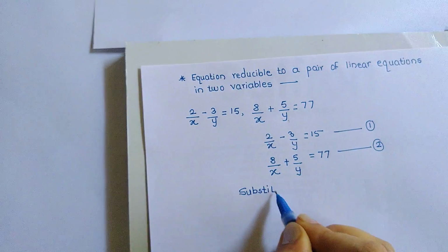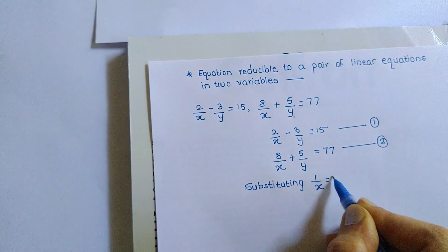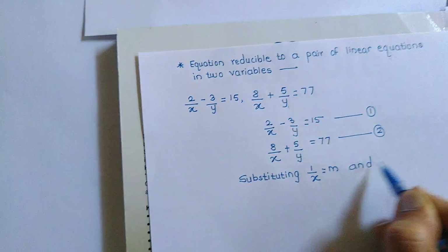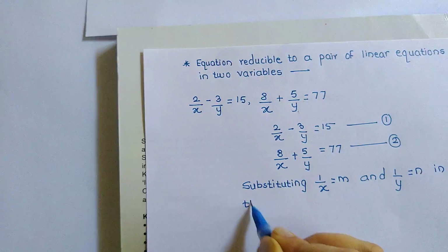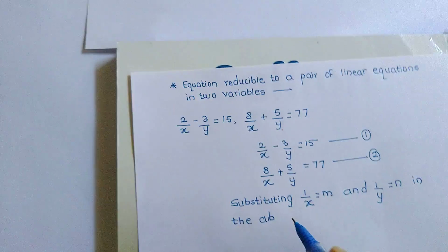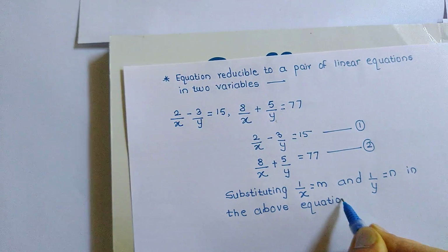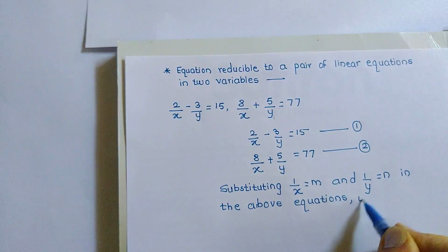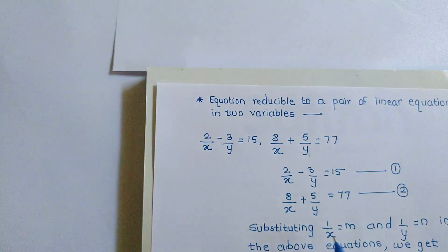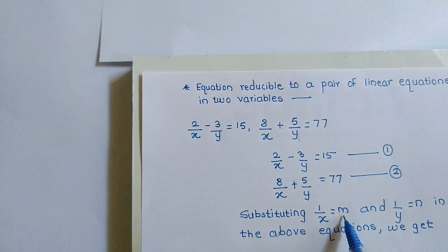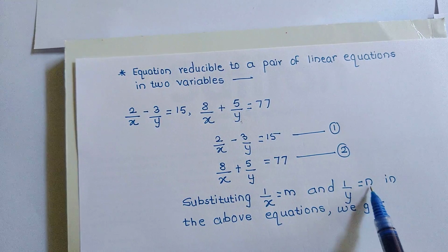Substituting 1 upon x equal to m and 1 upon y equal to n in the above equations, we get, so what do we have to do? 1 upon x is to be substituted as m and 1 upon y is to be substituted as n.